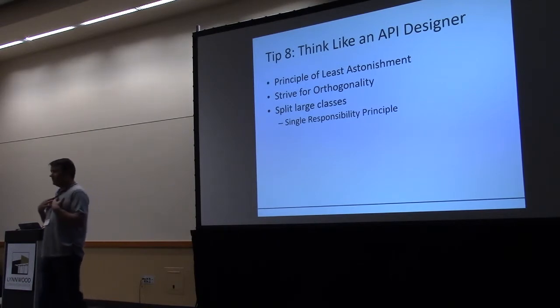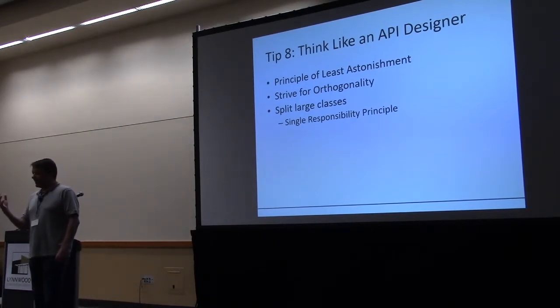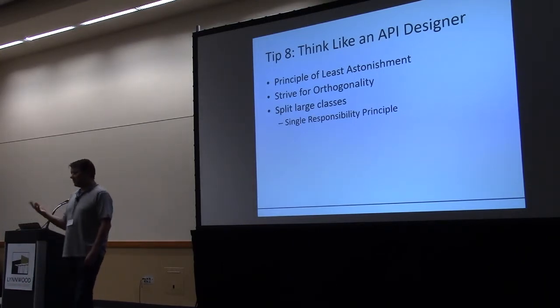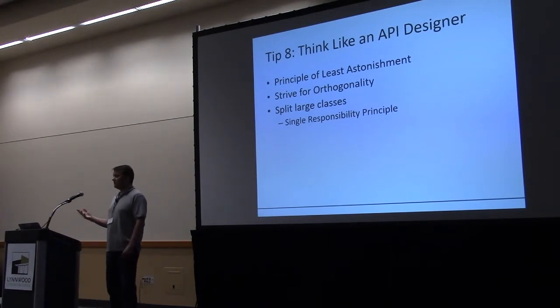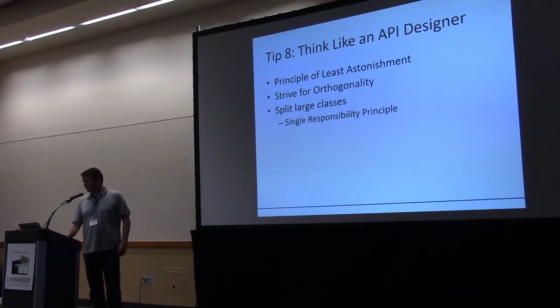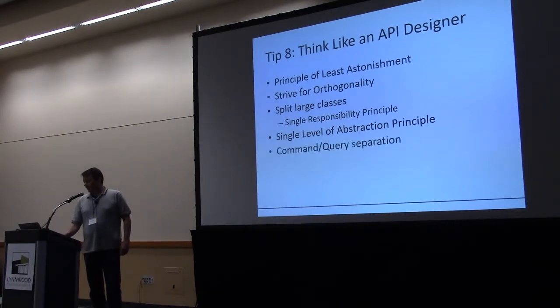My rule of thumb is if I can describe what that class does in a single sentence without using "and," I'm probably okay. If I have to use "and" or any other conditionals, maybe I need to take a look at that and think about breaking that up into separate classes. Single level abstraction principle, I'm going to skip over that.